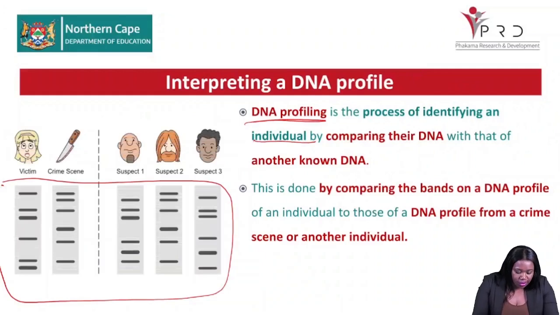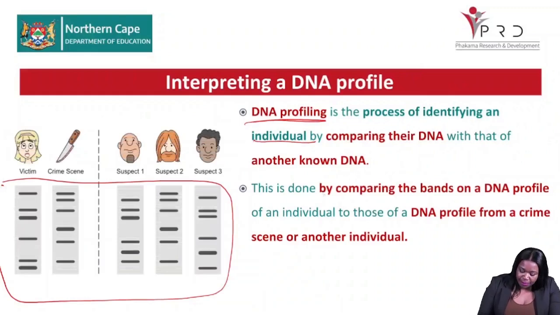So when you go through questions like this, it's very important to use a ruler so that you can be sure that the bars on the DNA profiles are actually aligning with each other, right? Let's have a look at this example.